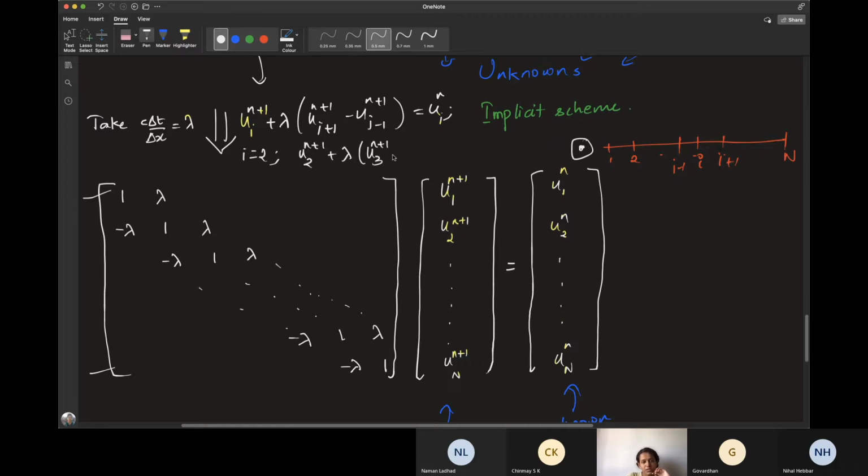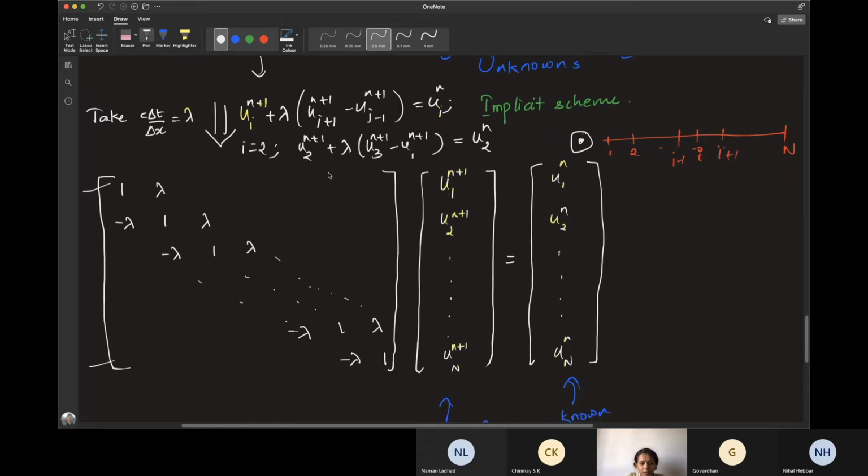It will be u3 n plus 1 minus u1 n plus 1 equals u2n. So I'm getting minus lambda u1 n plus 1 plus u2 n plus 1 plus lambda u3 n plus 1 equals u2n.